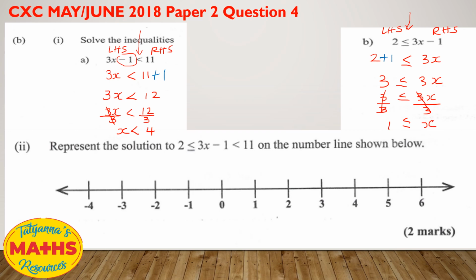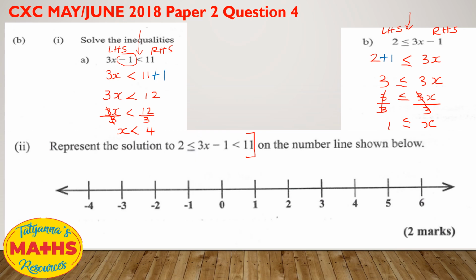Part 2 says represent the solution to 2 less than or equal to 3x minus 1 less than 11 on the number line shown below. Do you notice that 2 less than or equal to 3x minus 1 was our second inequality, and 3x minus 1 less than 11 was our first.